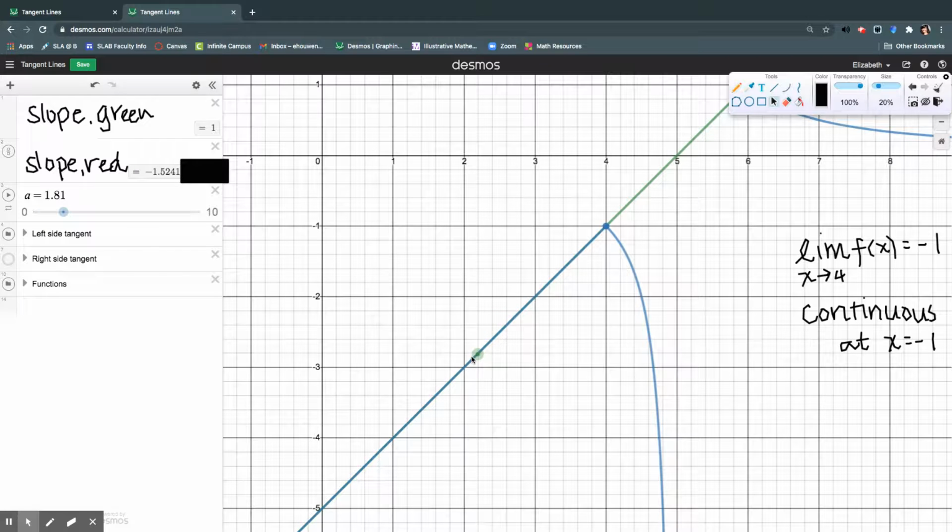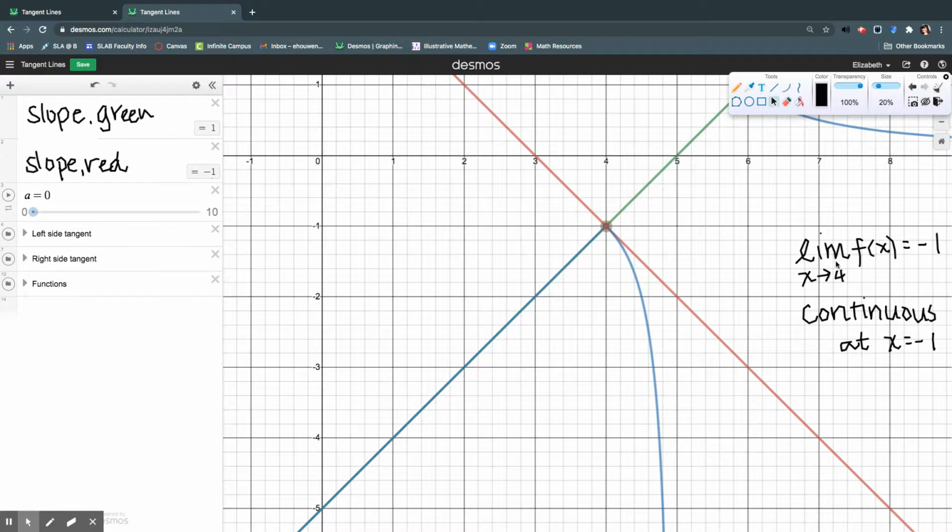So as you can see, if you were to take the two sides, let's turn them both on, and bring the two lines closer and closer together, they're not heading towards the same line. This red line, on the right side, is heading towards a tangent line with a slope of -1. And on the left side, the green line is going to become a tangent line with a slope of 1.